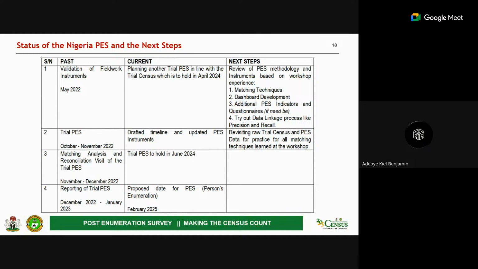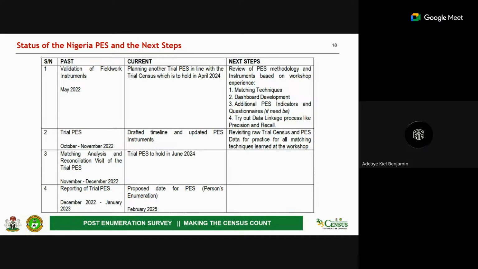The matching technique, dashboard development, additional PES indicators and questionnaires. If need be, we will add additional indicators. And to try out the data linkage process, basically the new thing we learned that we are so proud of is the concept of precision and recall. And we hope to introduce it in the country's PES taking in Nigeria.